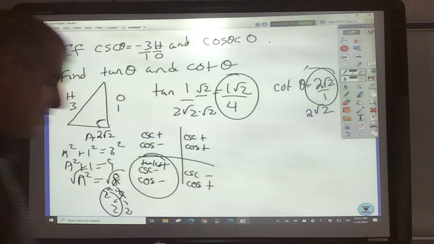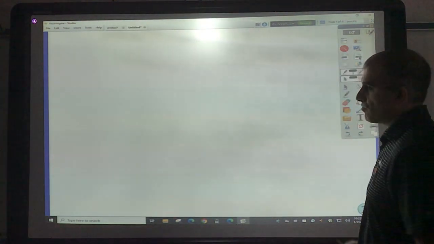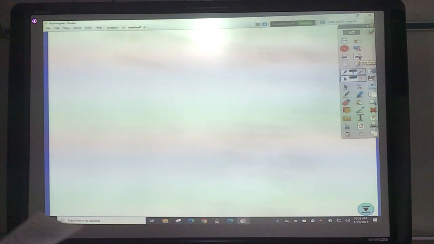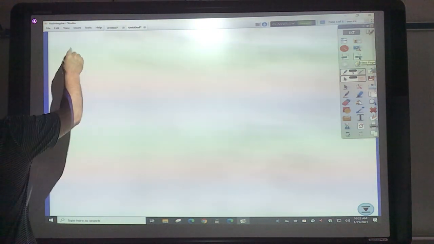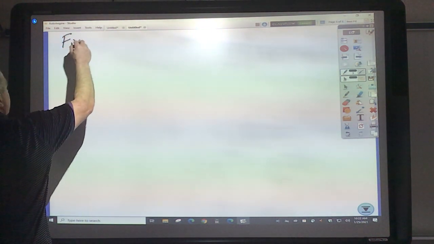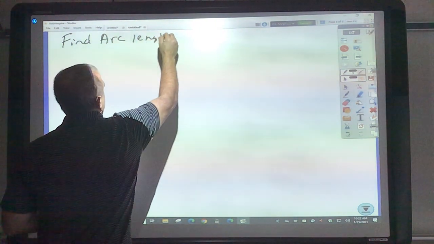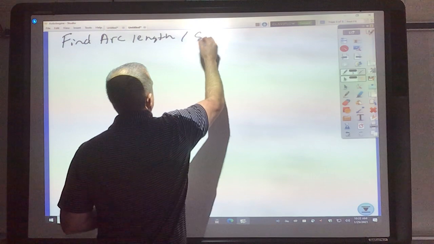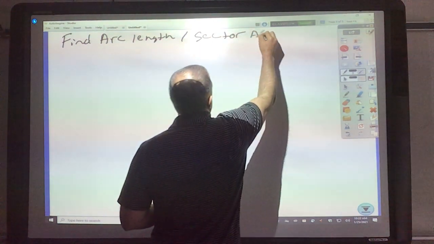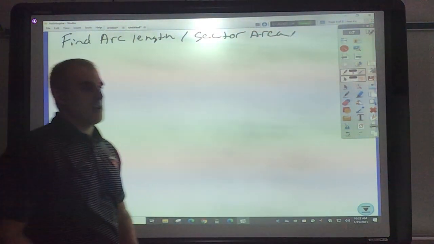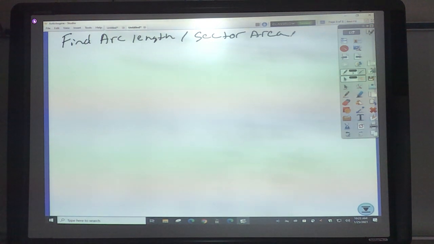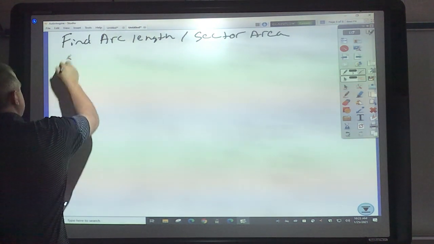Now, I'm going to move into something real simple before we move into our word problems to finish this. Find the arc length and sector area. In a normal year we do some stuff with rotations, but with this we really don't have time. We do want to cover these topics.